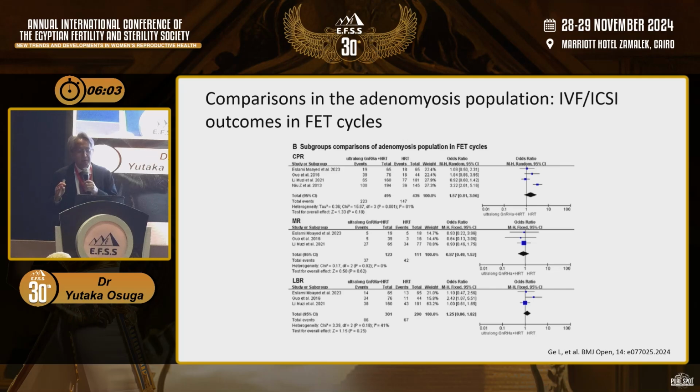But I personally use GnRH antagonist before thawed embryo transfer when the size of adenomyosis is big, or it seems that the adenomyosis thick lesion is the cause of infertility.